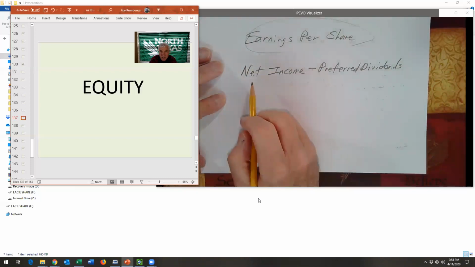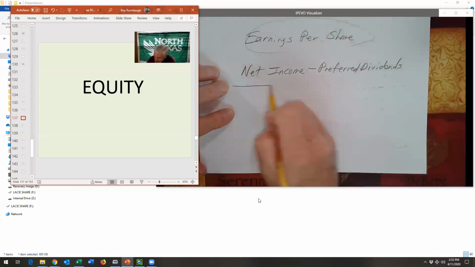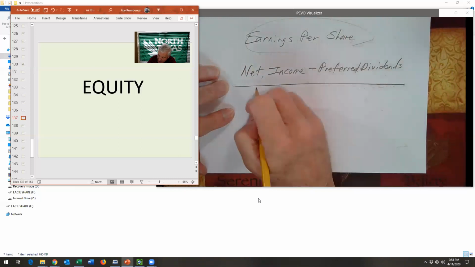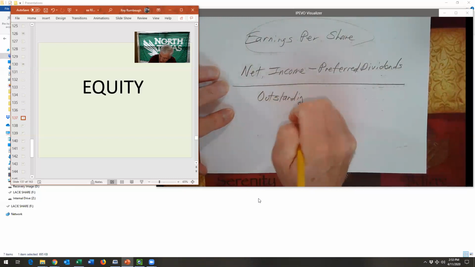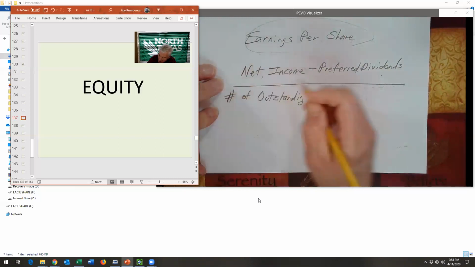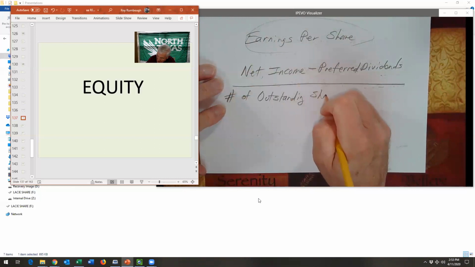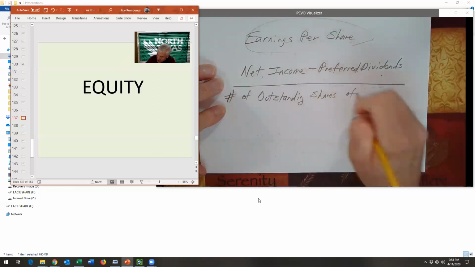They're the basic and the core owners of the business. So I take net income minus preferred dividends divided by the number of outstanding shares of common stock.